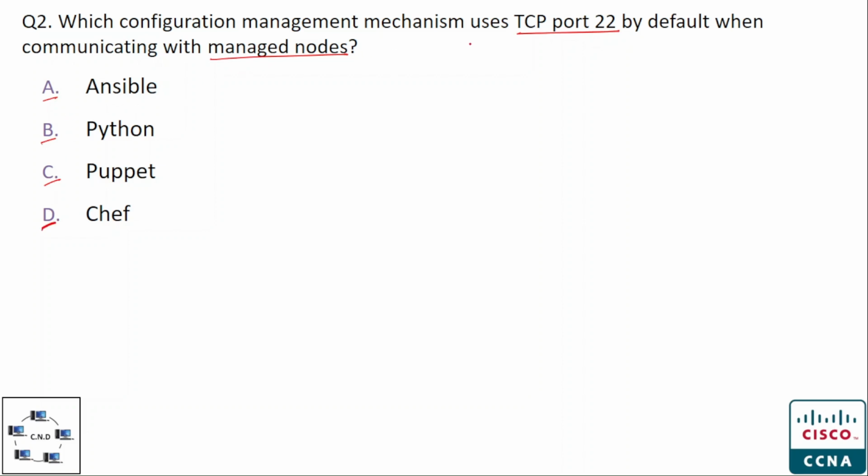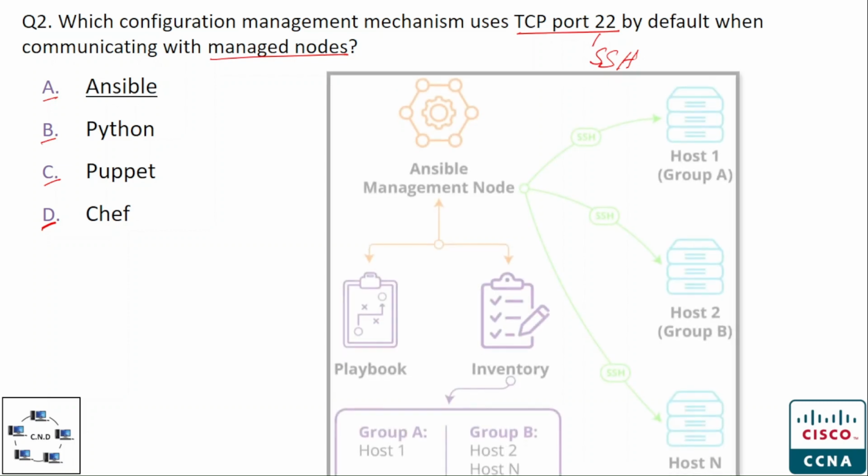So we are talking about which configuration management solution uses TCP port 22. Remember, port 22 is basically used by SSH. In other words, which management mechanism uses the SSH protocol when communicating with the managed nodes? And the correct option is option A, Ansible.